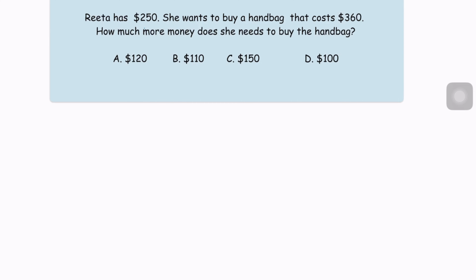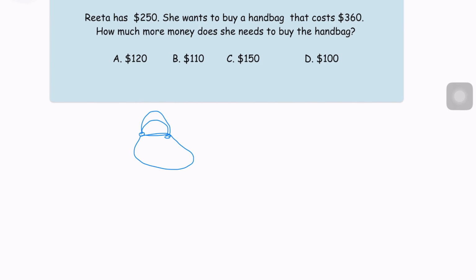Rita has $250. She wants to buy a handbag which is $360. How much more money does she need to buy the handbag? So this is a subtraction question. Let me draw a bag here.